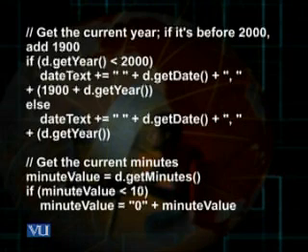Then there is a plus sign, the concatenation mark, and then d.getDate. getDate is a function, therefore the date value would be actually returned. So d.getDate, if the date is 15th or say 20th, as the case may be, that would be returned.